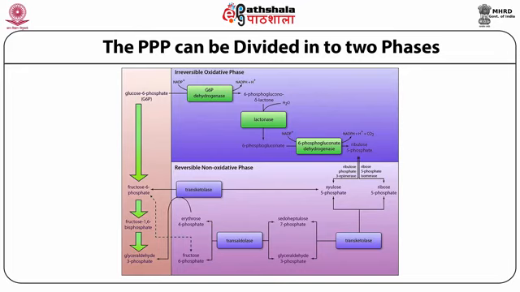During first step, glucose 6-phosphate is oxidized into ribulose 5-phosphate and carbon dioxide. During oxidation of glucose 6-phosphate, NADP plus is reduced into NADPH.